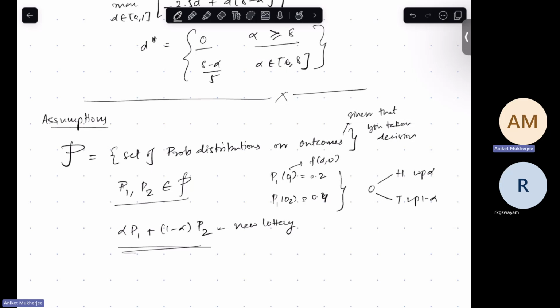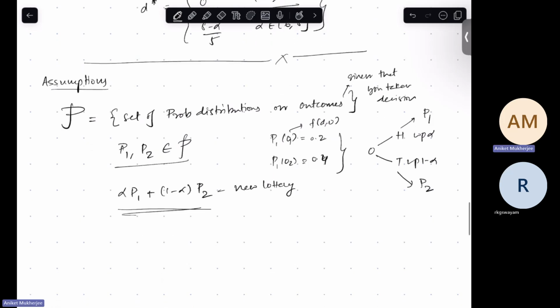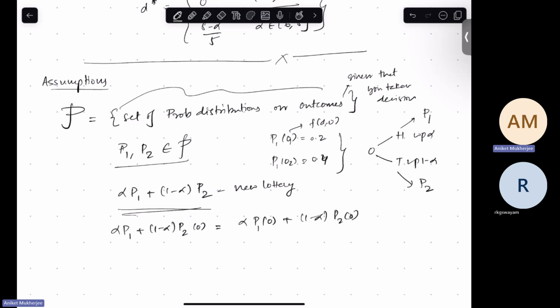If it is heads, you play decision 1, which gives a probability distribution of outcomes P1. If it is tails, you play P2. So alpha P1 plus (1 minus alpha) P2 of O is just alpha P1(O) plus (1 minus alpha) P2(O). So this set of probability distributions is a convex type of set.